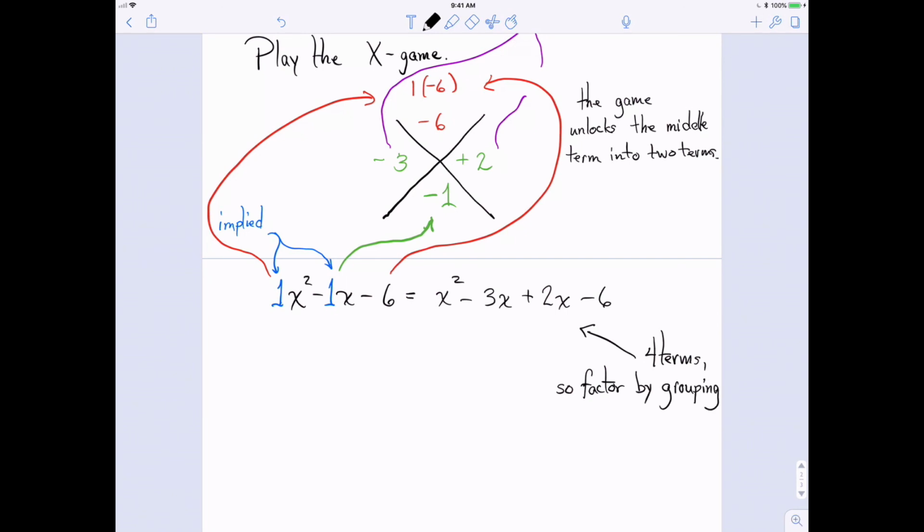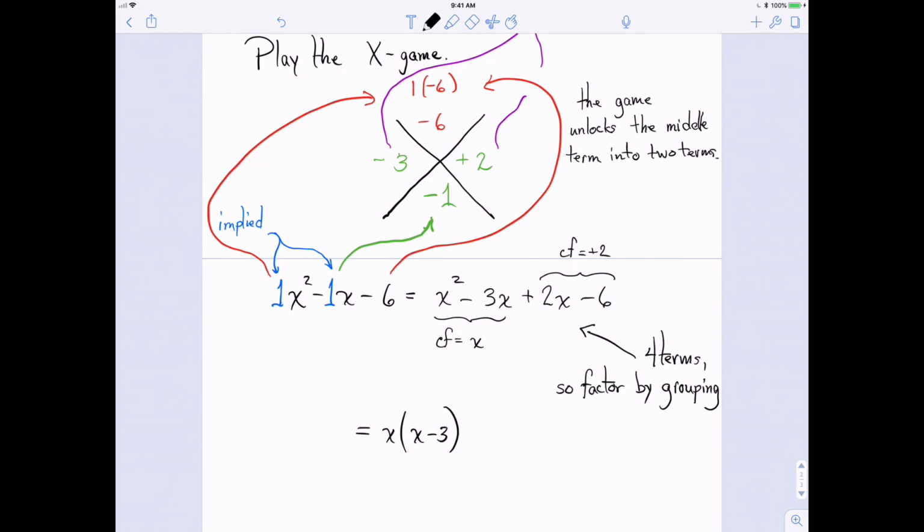So here we go. Notice that in our first 2 terms, we have a common factor of x. And in the second group, it looks like we have a common factor of plus 2. So that gives me x times x minus 3 from the first group.